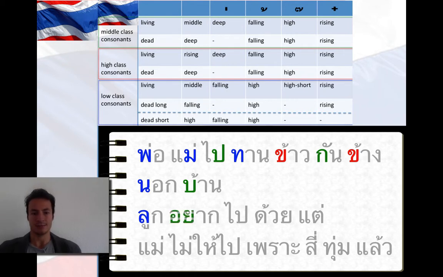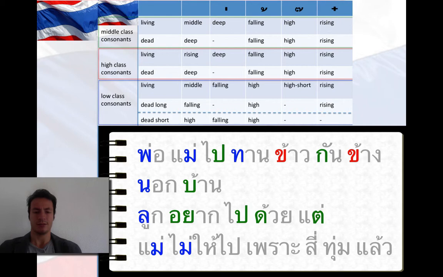Yak, low tone. Bpai, middle tone. Duay, falling tone. Dae, low tone. Mae, like in the first sentence, falling tone.